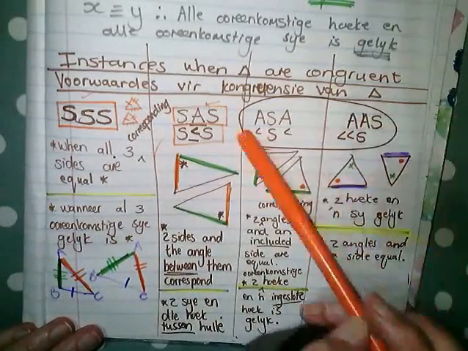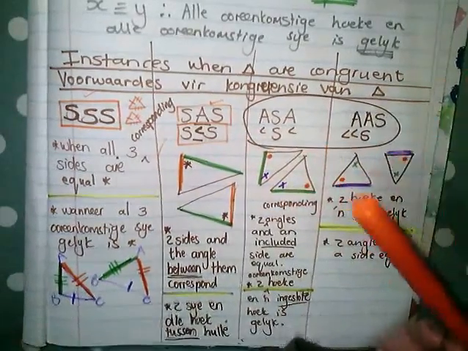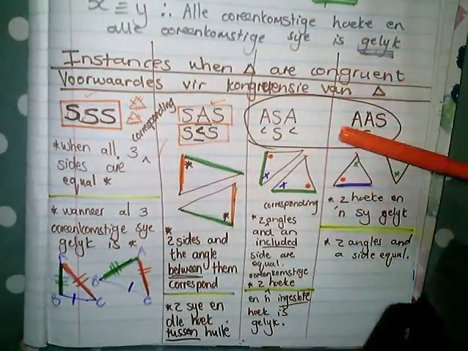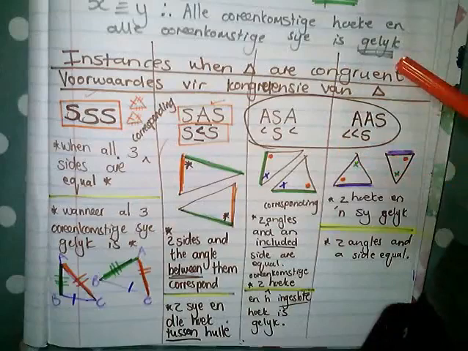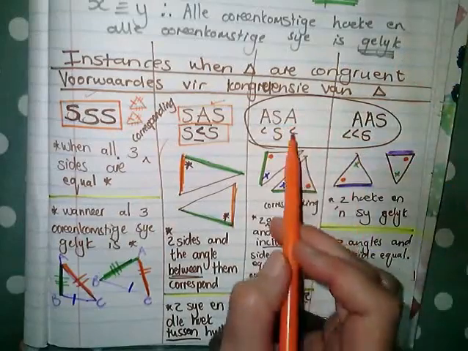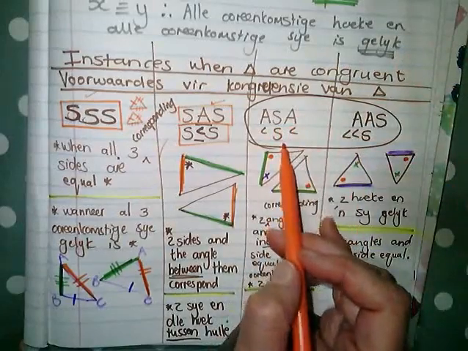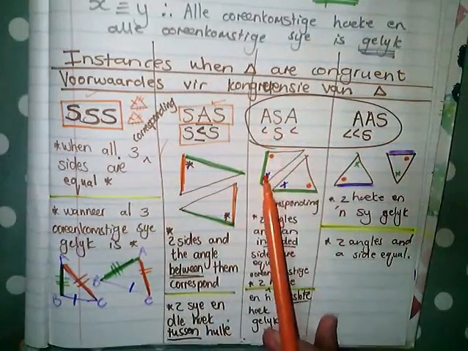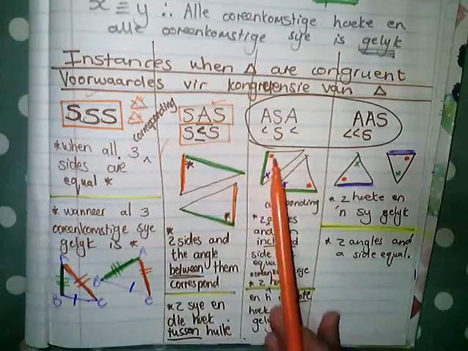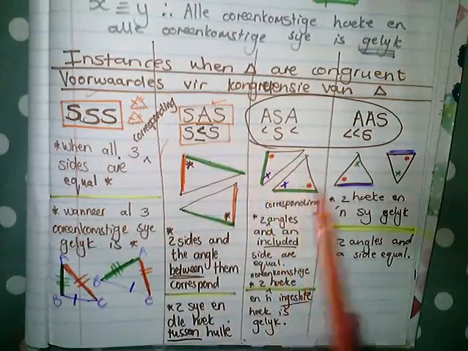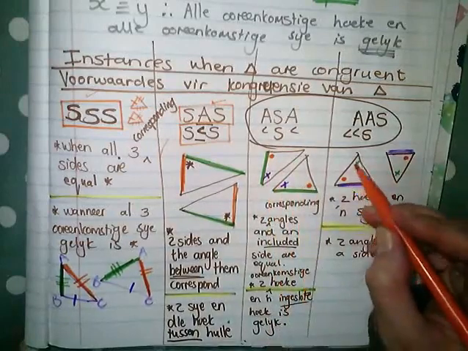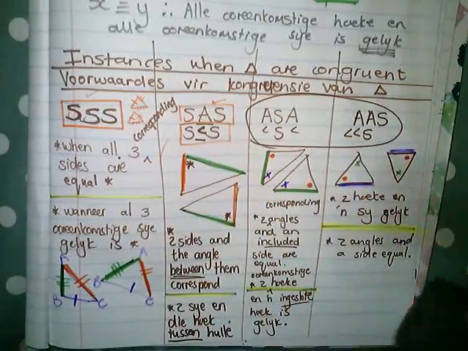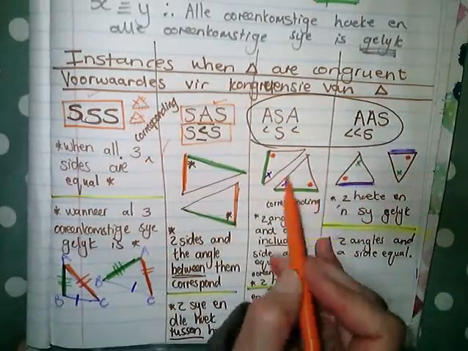Okay, so this is important. The third and fourth instances of congruency is when you have 2 angles and a side. And it doesn't matter whether that side is the side between the 2 angles that are equal, or whether it's the side next to one of the 2 angles, as long as it corresponds.